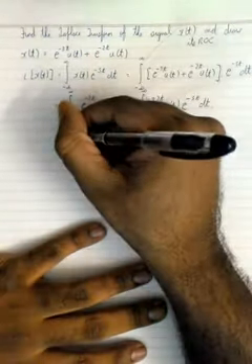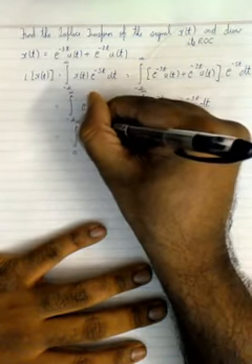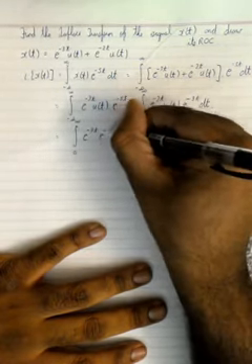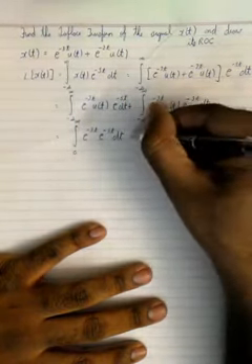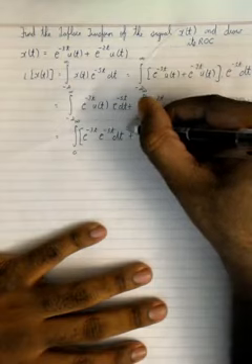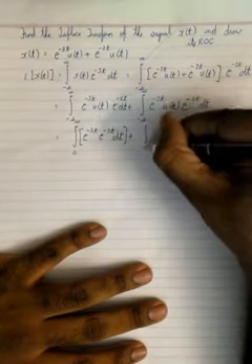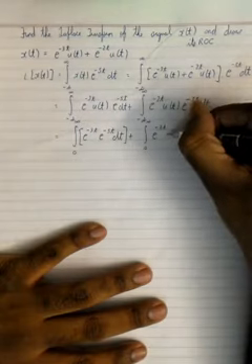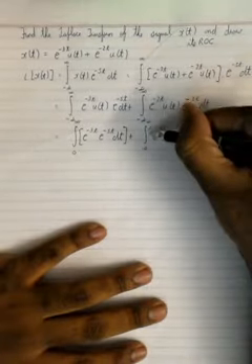Since u of t is equal to 1 from 0 to infinity, the limits of time t become 0 to infinity: the integral of e raised to minus 3t into 1 into e raised to minus st dt, plus the integral 0 to infinity of e raised to minus 2t into 1 into e raised to minus st dt.